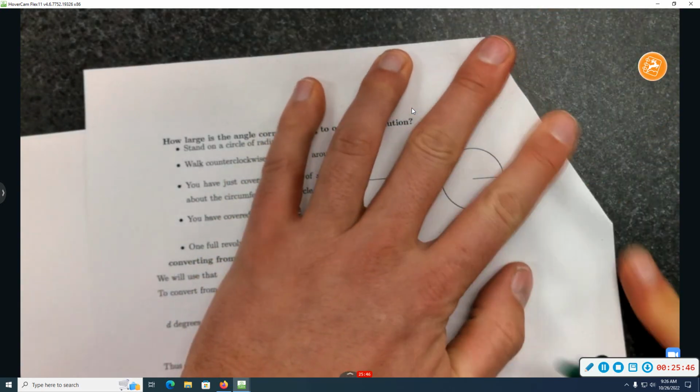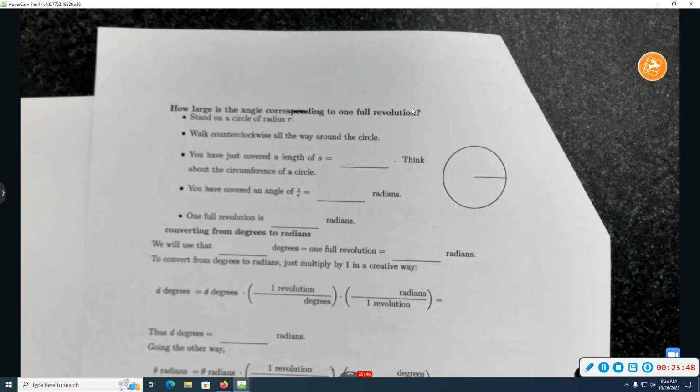So, there are two ways we have of measuring angles. We have degree measure, which is somehow arbitrary. Breaking a full circle up into 360 pieces is a weird choice to make. I guess it's nice in that the degree measures of angles that you encounter in your daily life will be normal-ish numbers.